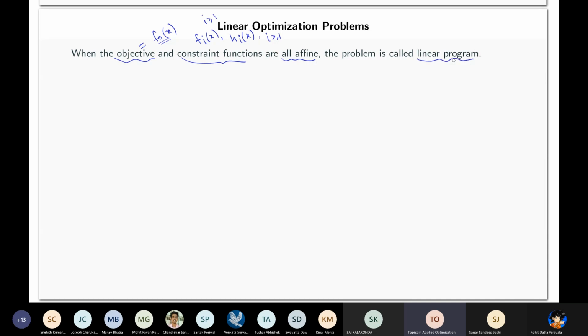then the problem is called a linear program or linear optimization problem. So sometimes program is used in an analogous way to saying that it's an optimization problem. There is a story that goes that there was a guy who was working on optimization problems, but the lab that he was working in was more like an applied computer science department.